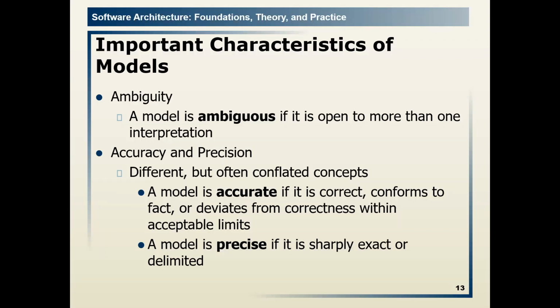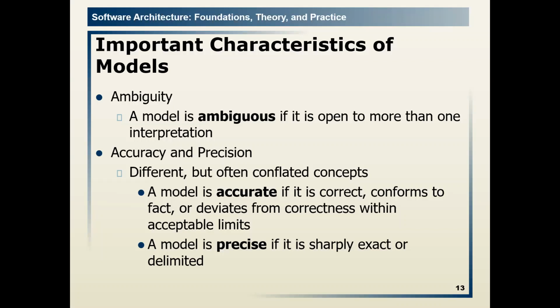And from the other side, the business analyst will also have to agree, right? So that kind of agreement will make it less ambiguous, right? So then the accuracy and precision.